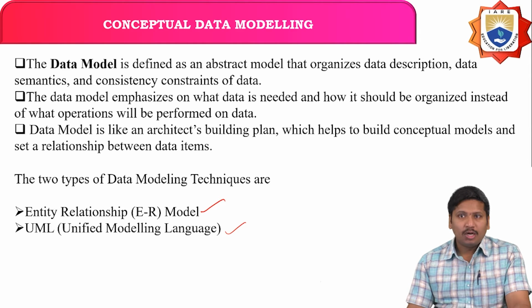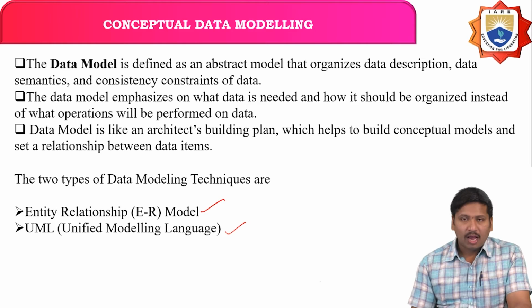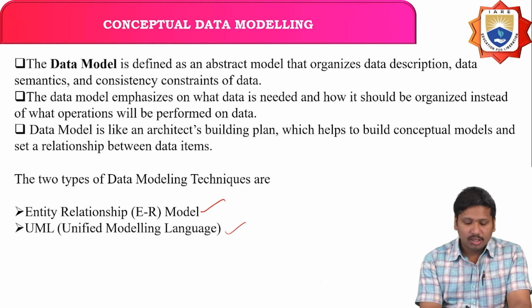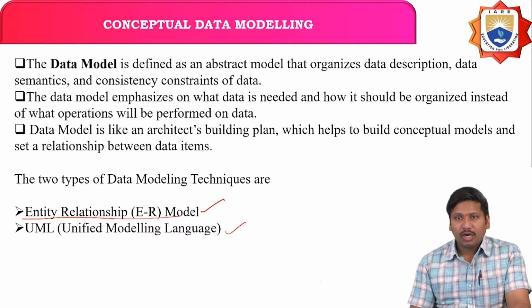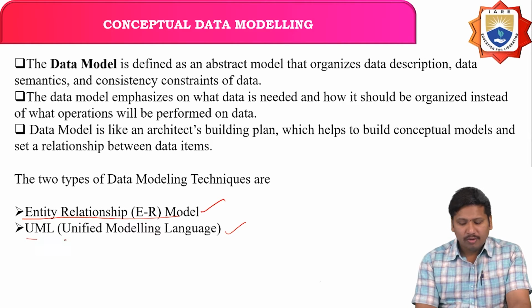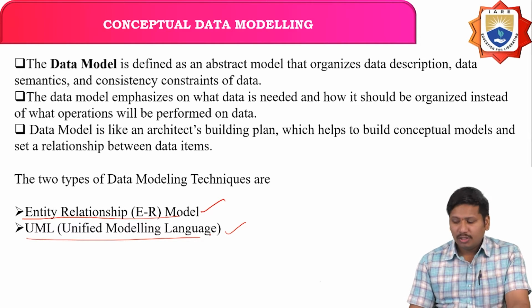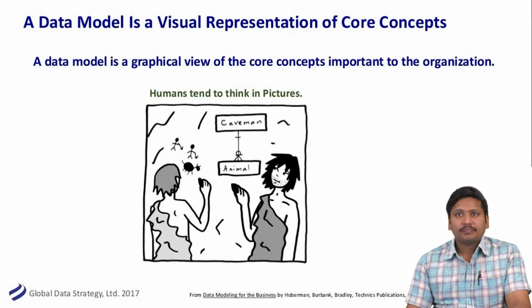And this data model is like architecture building plans, which can also help build conceptual models and set up relationships between them. So totally we have two modeling techniques. The first is the entity relationship model that we already encountered in database management systems, and UML, the unified modeling language, which you can obtain from software engineering concepts.